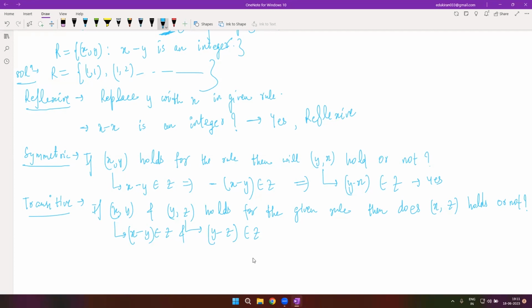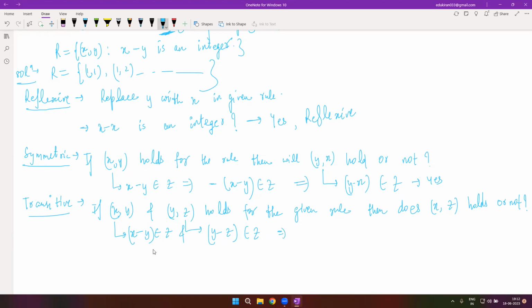If we add, subtract, or multiply two integers, then we will get an integer only. For division, it is not always true, but for addition, subtraction, and multiplication, it is always true that if all the values are integers, then whatever you do, you will get an integer only. So if I add both of them, it will be an integer because they both are integers.